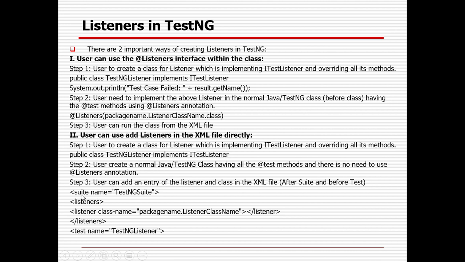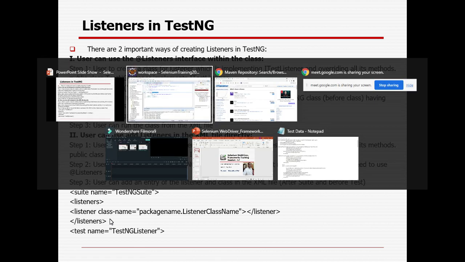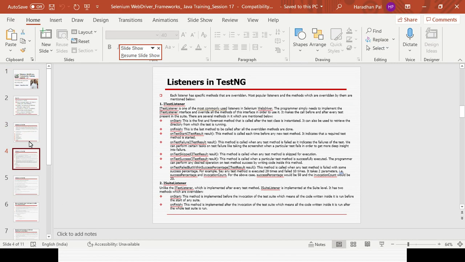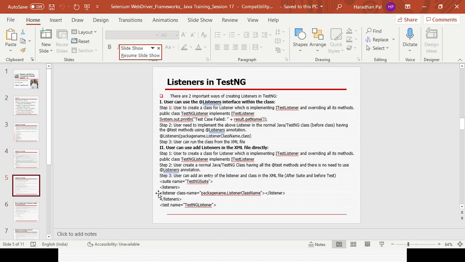Now under the test suite we will be adding those tags only, listeners, and then listener class name equal to package name dot class name, and then the listeners tag will be closed. So that's the thing we'll be adding, right? Only this simple thing I will add in the testng XML file, after the suite, before the test name.